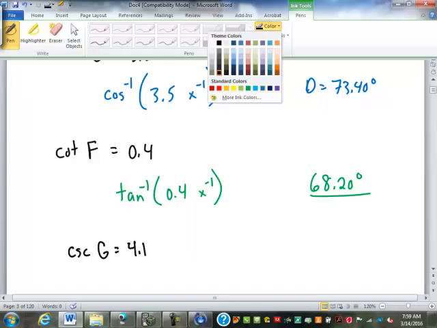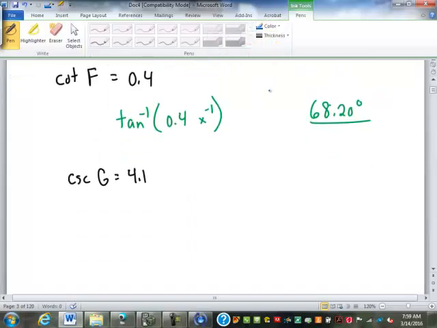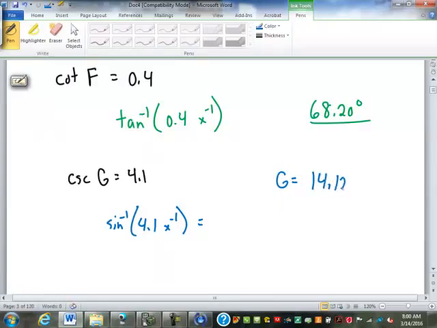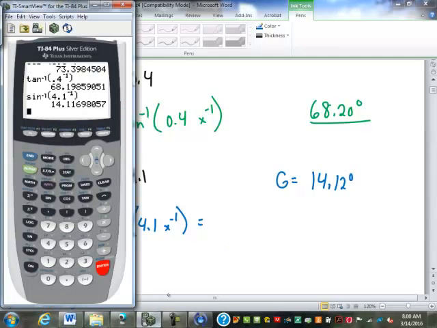I'll tell you the cosecant of G is 4.1. What's G got to be? 14.12 under. 14.11698.